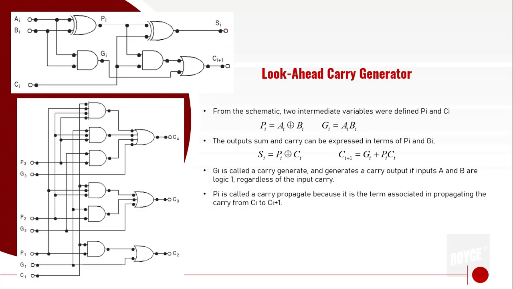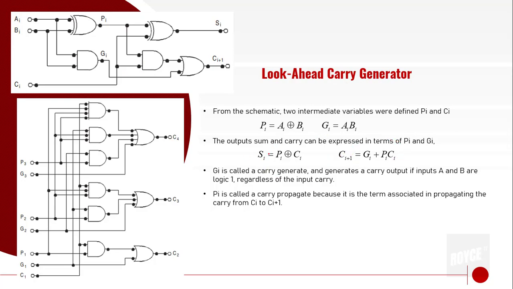We can easily say that S sub I is P sub I naka-XOR sa C sub I. And C sub I plus 1 is G sub I naka-OR sa P sub I AND C sub I. Ito siya.